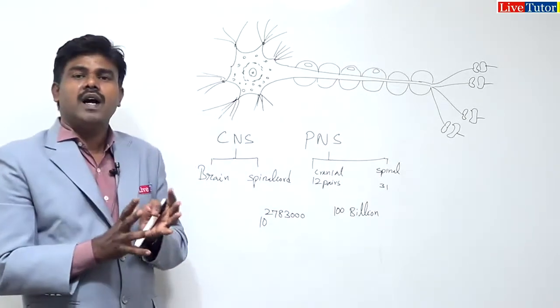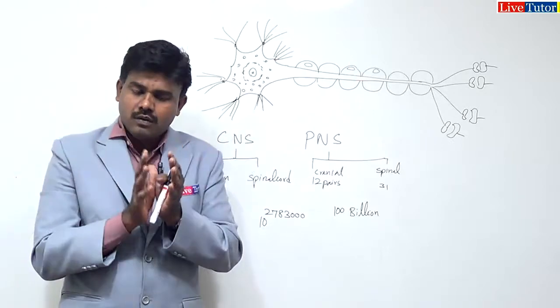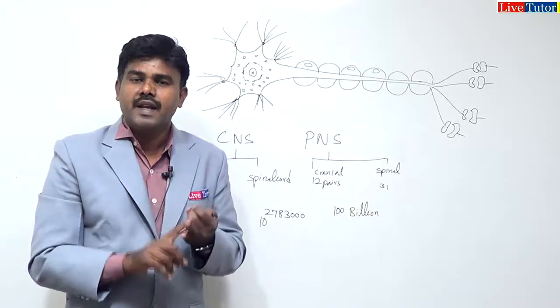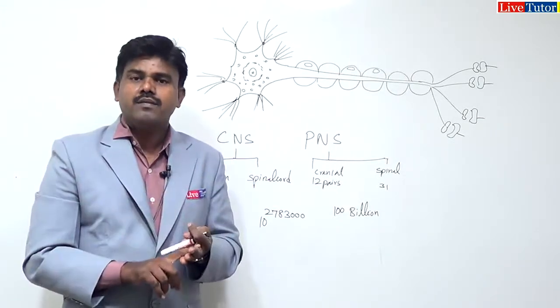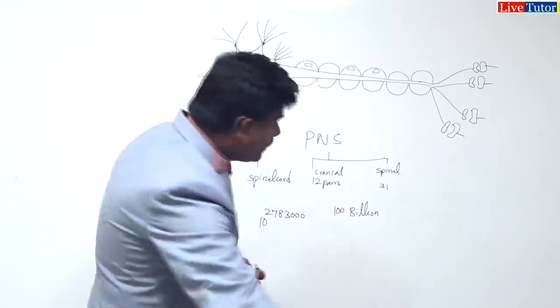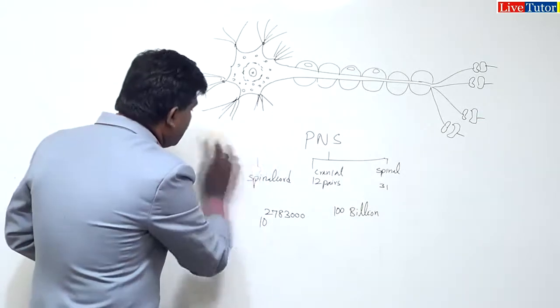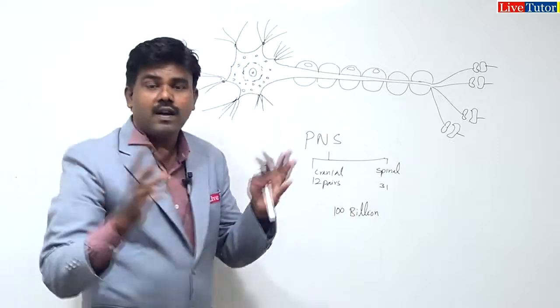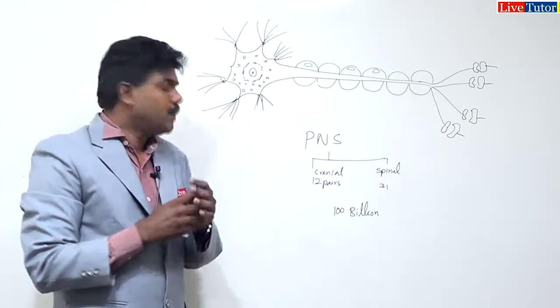The cerebrum is again classified into four major parts: frontal, parietal, temporal and occipital. What is the function of the frontal? It is not a morphological division; it is based on function.